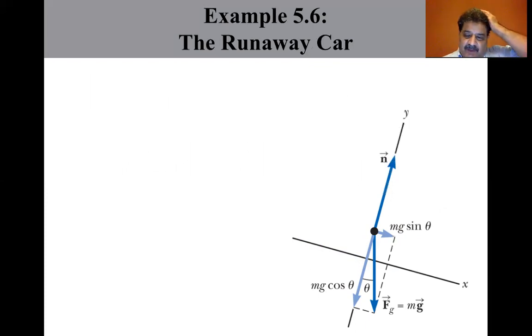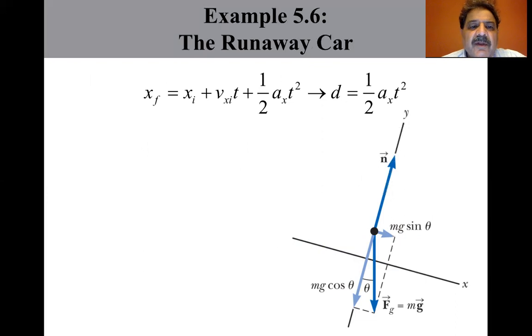And to analyze this, we define the initial position of the front bumper as x initial equals 0, and its final position as x final equals d, and recognizing that v_xi, the initial x velocity, is equal to 0, we choose this equation.